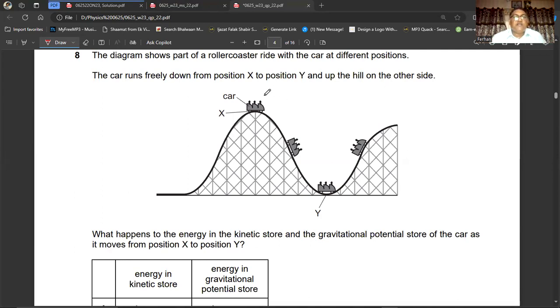Okay, here, because it's on a height, it will have gravitational potential energy, and when it comes down, that gravitational potential energy will convert into kinetic energy. And at this point, it will have kinetic energy. So as it is going from X to Y, its gravitational potential energy is decreasing and its kinetic energy is increasing.